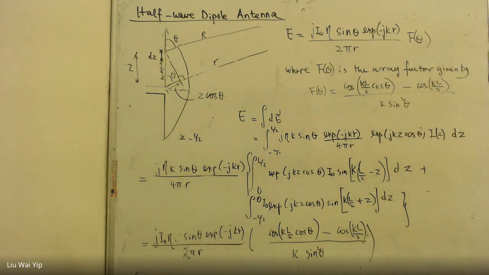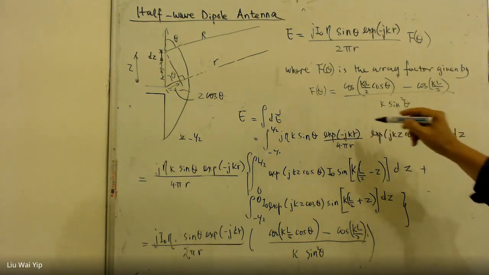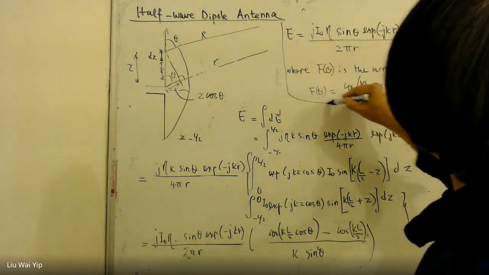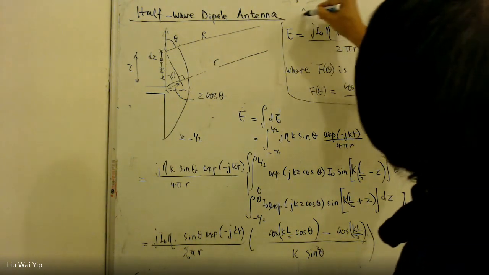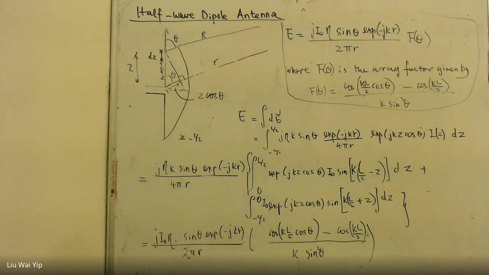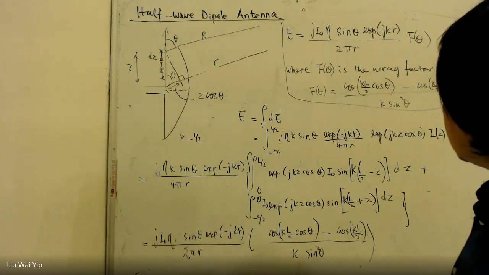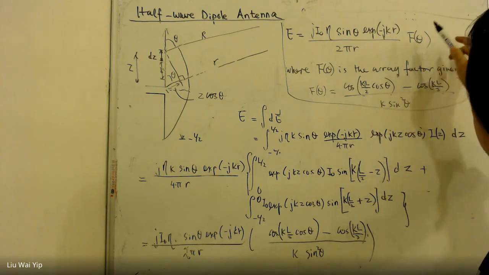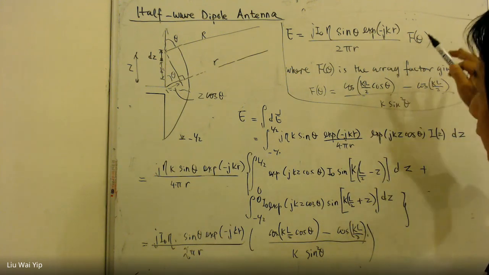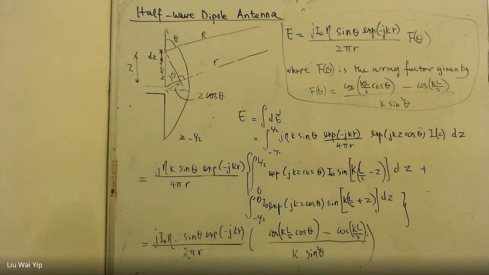So this is the final result for the electric field radiation pattern. And this F of theta is the array factor.